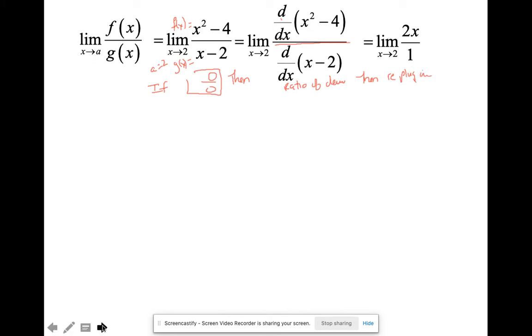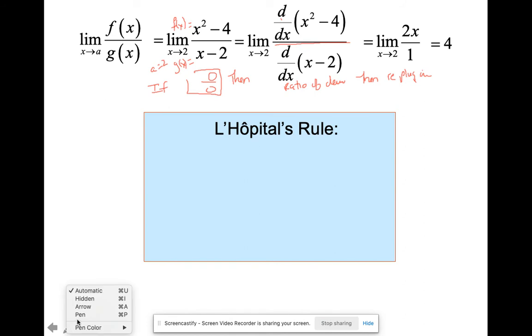And shocker, what do I get? 4. Again, I would not use L'Hopital's on that. I would do algebra, although now that you have derivatives, really that wasn't any big deal to do.